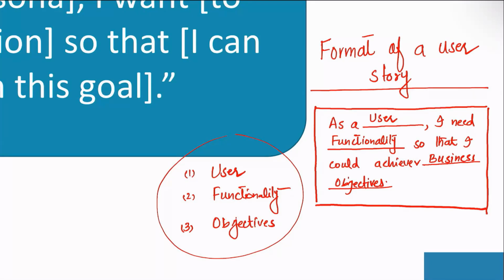So that's the format of a user story. On the backside of this card, acceptance criteria or test scenarios are written. We will be talking about acceptance criteria in the later part of our discussion when we will be talking about monitoring in Agile. Acceptance criteria or test scenarios.